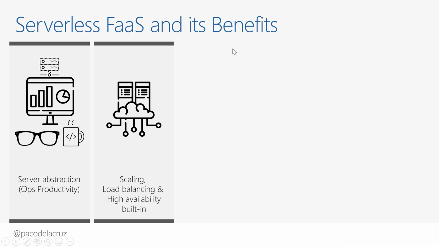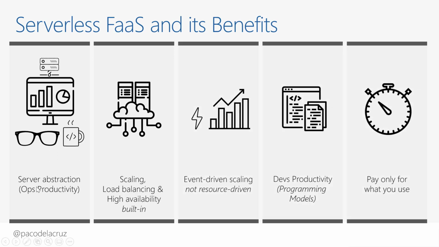There are some differences. The first one is that scaling is based on events. If you compare functions with an App Service or a web app, for example, a web app scales based on CPU or memory. In functions, you scale based on events. You also get programming models, and this gives you a lot of productivity.